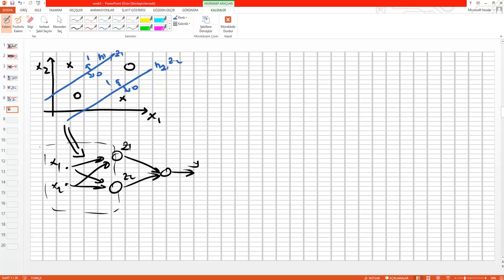Because it's the sigmoid function. But how do we produce this z1 and z2? Because we have right now this formation, for example, 0 to 1, and 0 to 1.